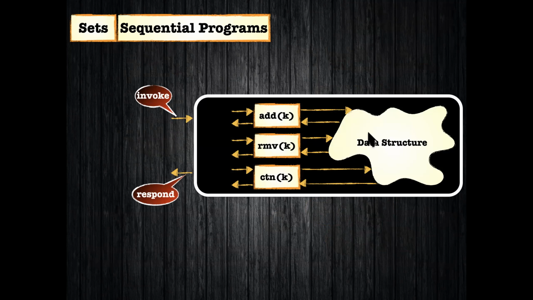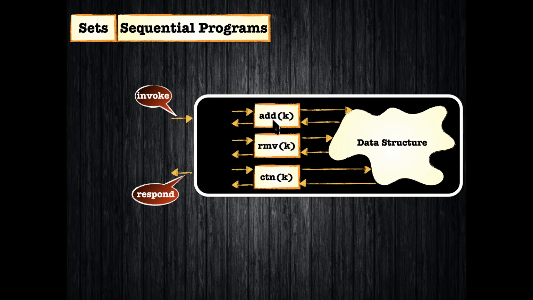In general, when you implement such an abstract data type, you have a data structure which stores the state of the abstract data type. For instance, in the case of a set, we store the state of the set as a sorted list of integers.